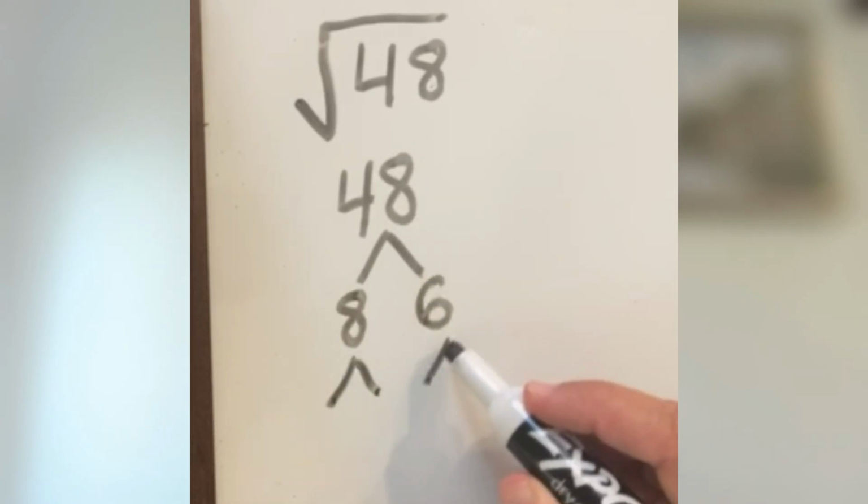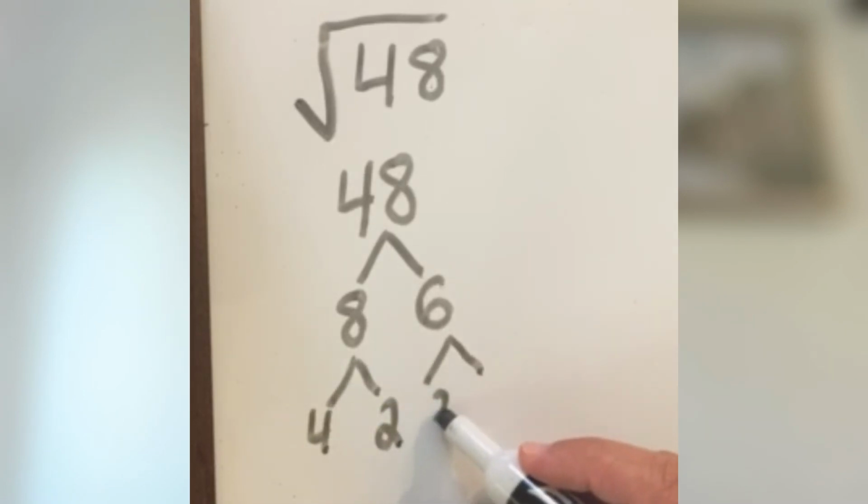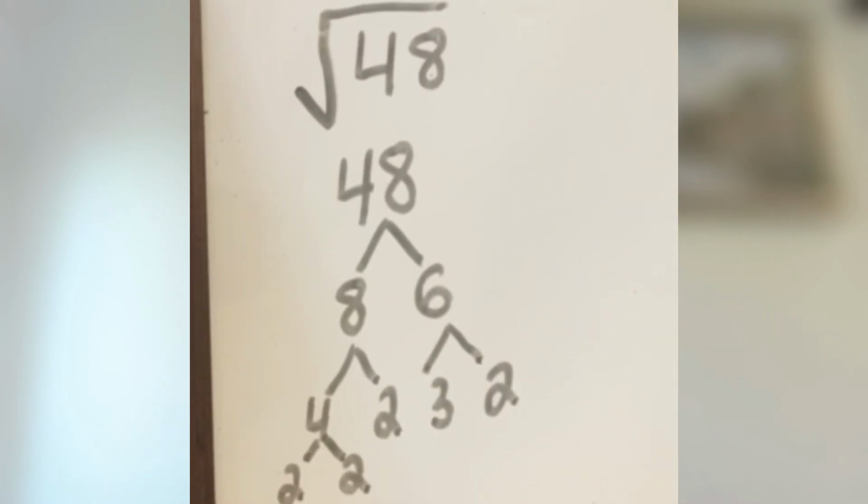We can break down 8 into 4 and 2, and 6 we can break it down into 3 and 2. 4 is not prime, so we can break that down farther. I'm going to break it down into 2 and 2. So now I have 2 times 2 times 2 times 3 times 2 again. Only what's at the very end of the branches is what I'm multiplying together.